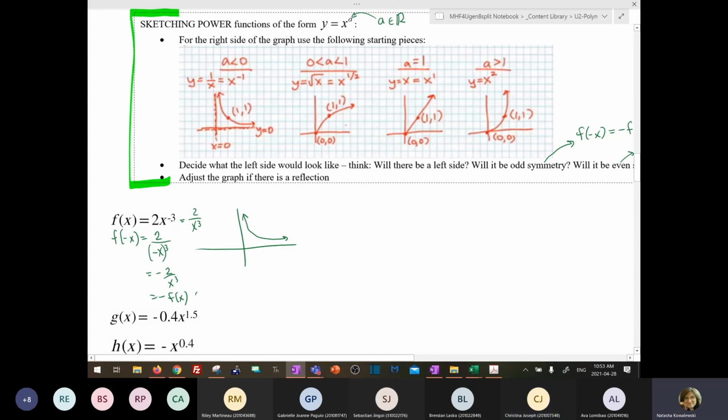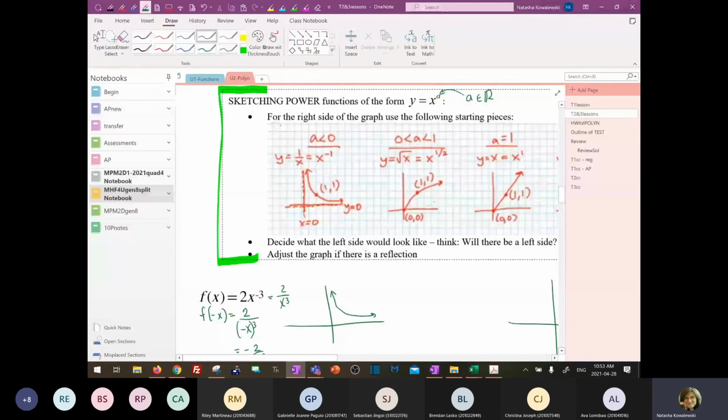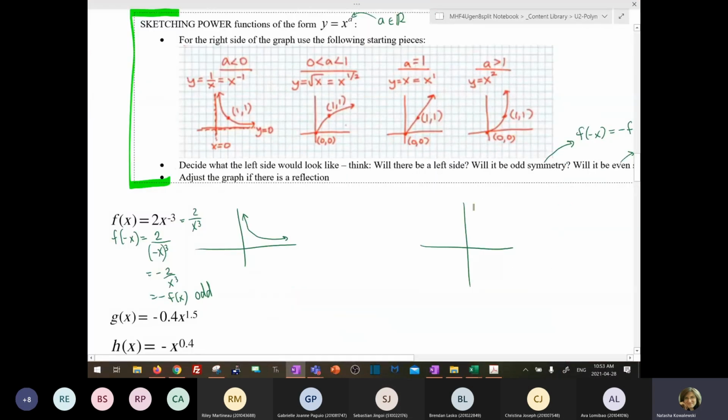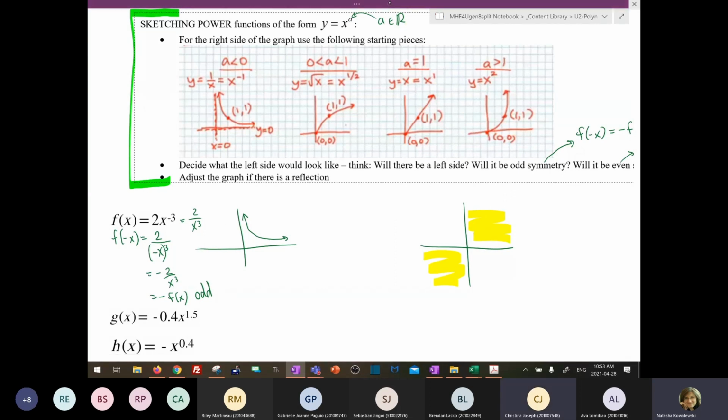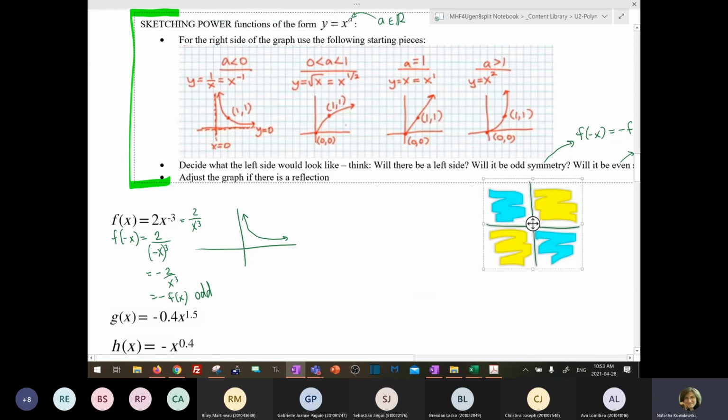Odd. Because it is odd symmetry, remember how we talked about odd and even symmetry? We said that for odd symmetry, this quadrant resembled that one, and this quadrant resembled that one. We did that before, so I'll put it under odd.